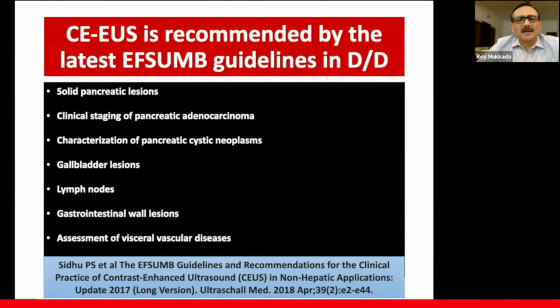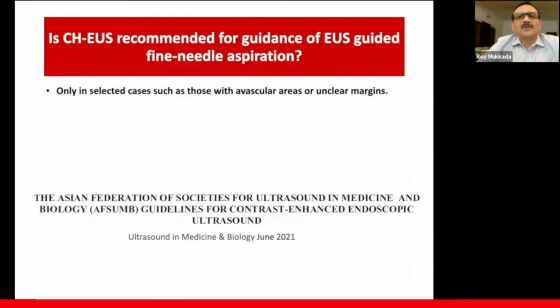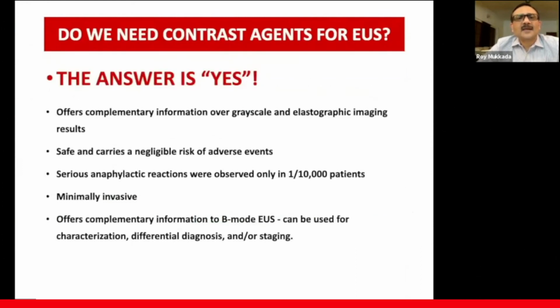So the European guidelines also say that CE-EUS is recommended in solid pancreatic lesions, clinical staging of pancreatic adenocarcinoma, characterization of pancreatic cystic neoplasm, gallbladder lesions, lymph nodes, GI wall lesions, and assessment of visceral vascular diseases. Now, it is recommended for guidance of EUS fine needle aspiration only in selected cases, such as those with avascular areas or unclear margins, where we can target that area.